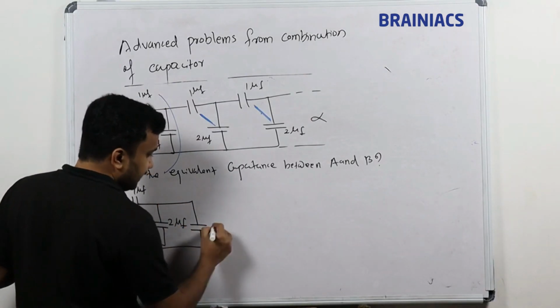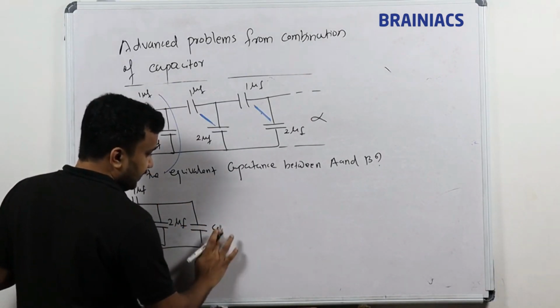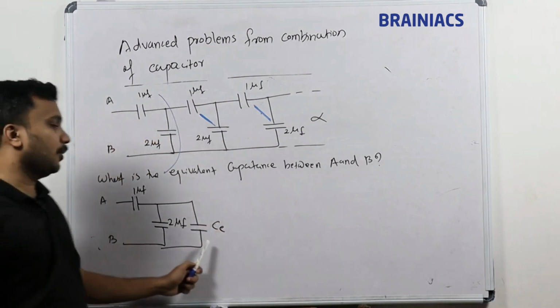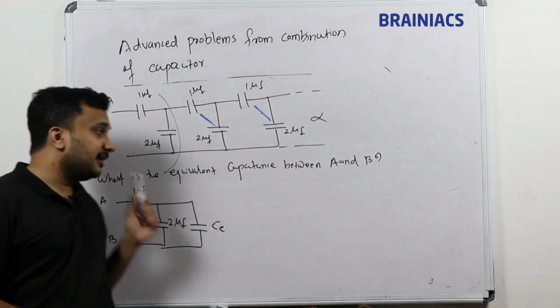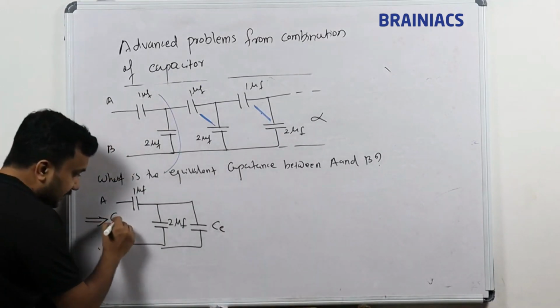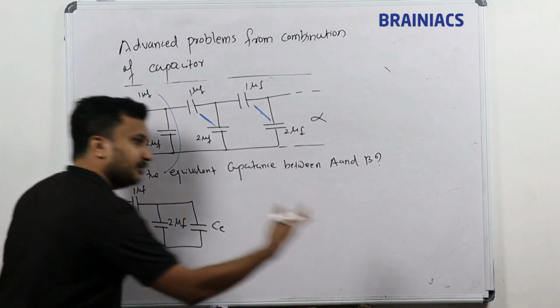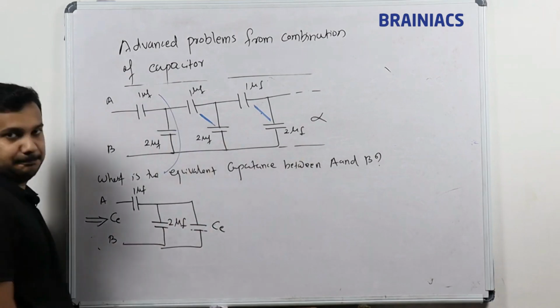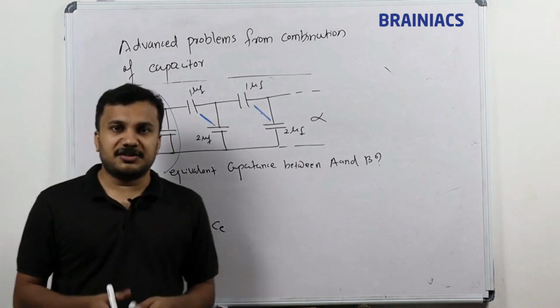What is repeating? C equivalent, and this is repeating forever. Whenever you are looking from here, you can see C equivalent. Whenever you are looking from here, there also you can see C equivalent. So both C equivalents are the same.